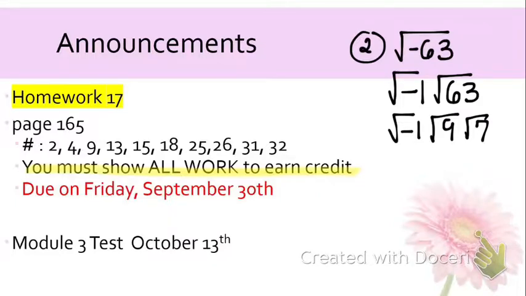So now we're ready to simplify it. The square root of negative 1 is i. The square root of 9, what's the square root of 9? 3. That usually goes in front of the i. And then the 7 has to stay under the square root.